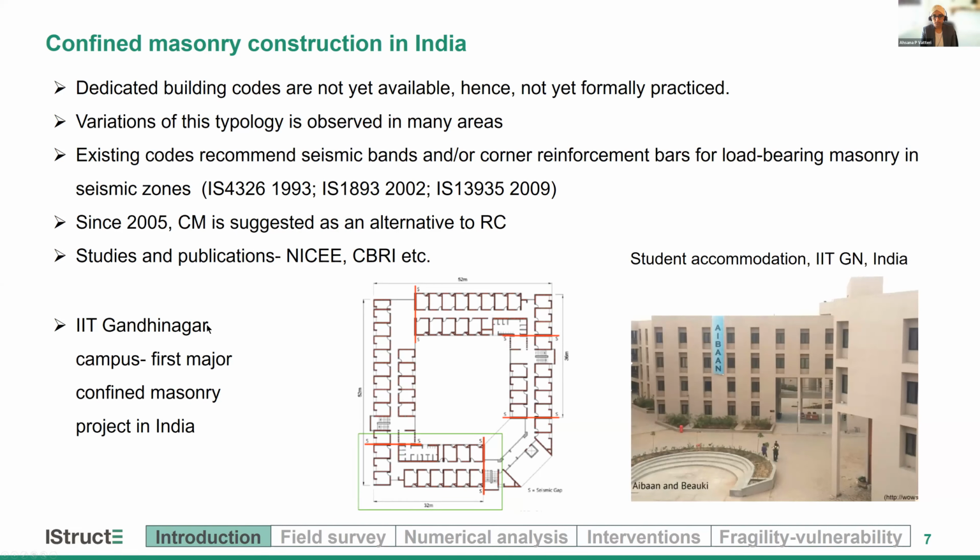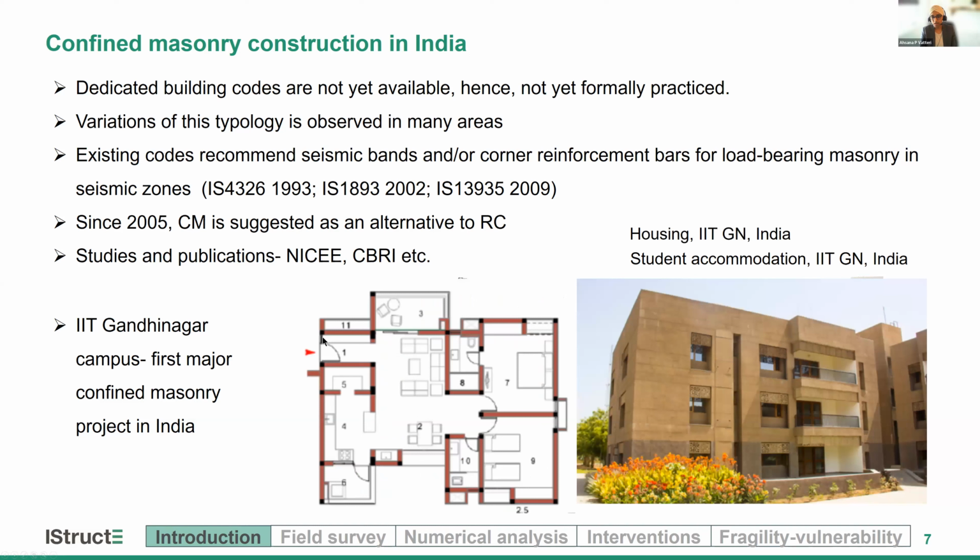IIT Gandhinagar, the Indian Institute of Technology Gandhinagar campus, was the first major construction project that utilized confined masonry. They have student accommodations of 3 to 4 story hostel buildings and staff accommodation housing complexes that are built using this typology in the campus.